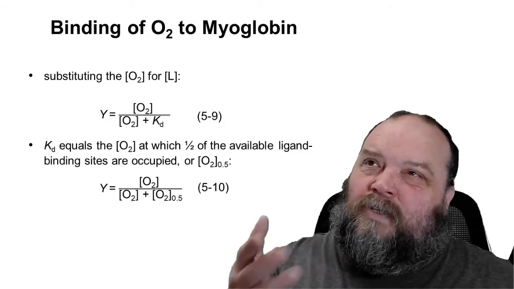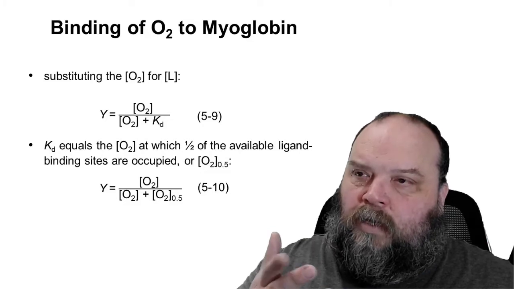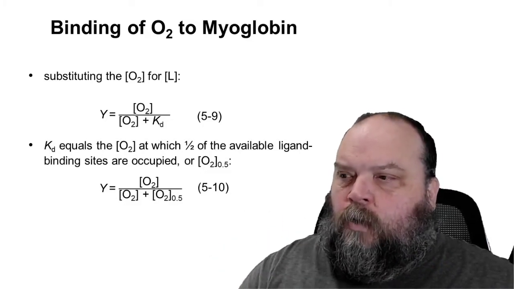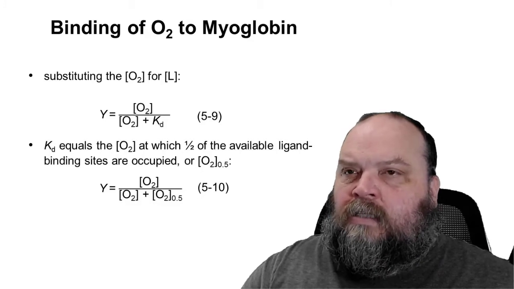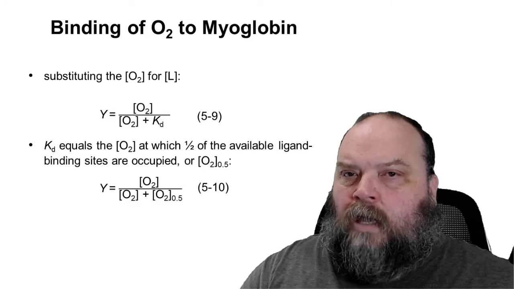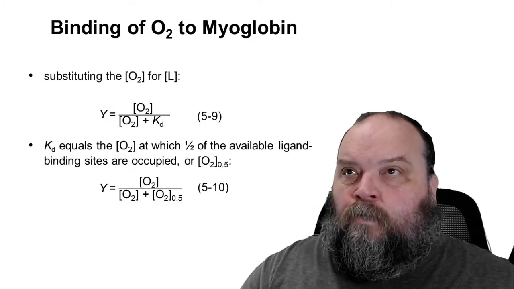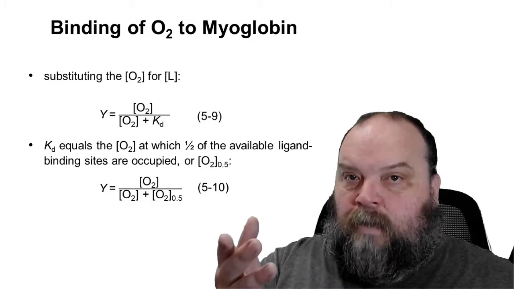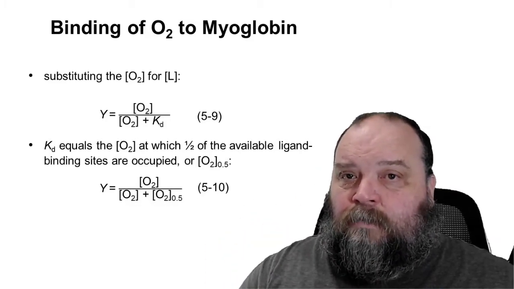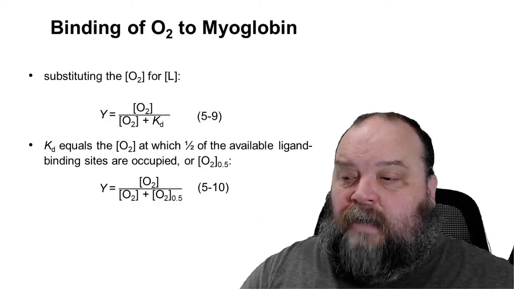But talking about concentration of oxygen is a bit difficult to do because oxygen's in a lot of things there. So we're going to discuss this as the partial pressure. How much oxygen gas pressure has to be there for heme to be bound, for half the iron to be bound, as we see here, Y equals 0.5.